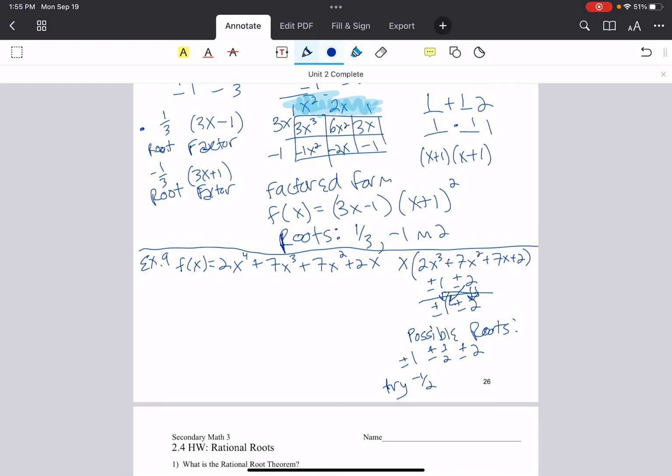So take a second on your own, write the factor that goes with -1/2. All right, I got 2x plus 1. Why +1? Because my root's negative and the root makes the factor 0.